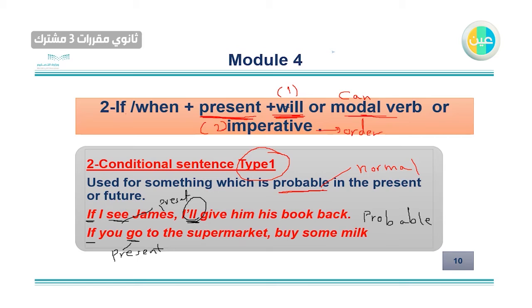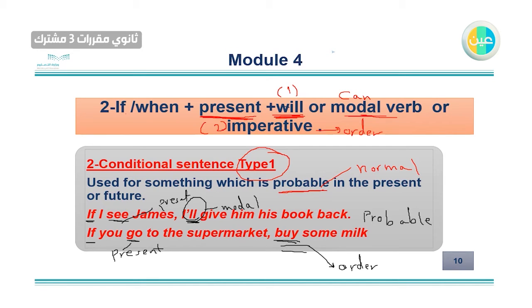But here now, if you go to the supermarket, what? You don't have here will, you have what? Buy some milk. What is this? Imperative. This is imperative or order. If you go to the supermarket, buy some milk. Bring some chocolate. I ask you to do something. Okay, so this is type 1.